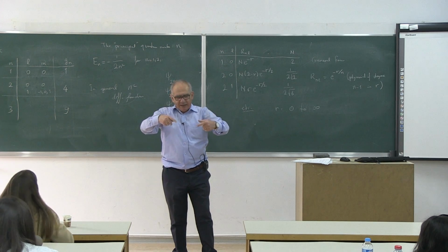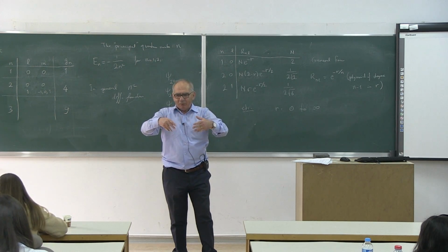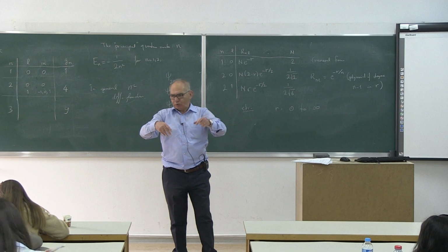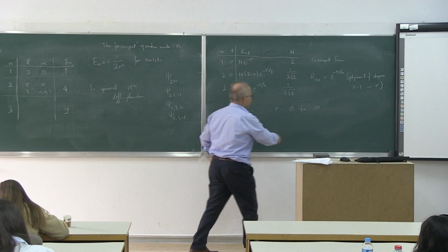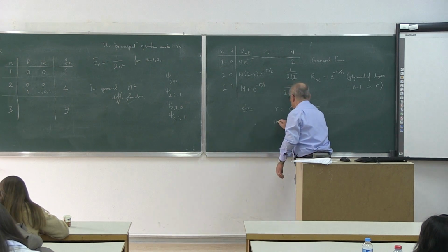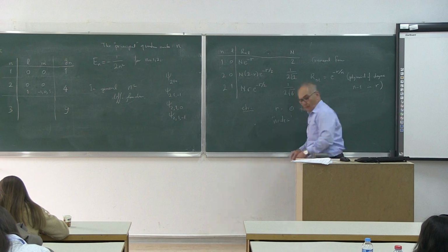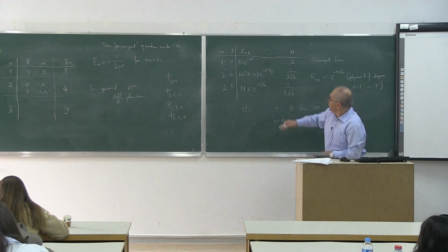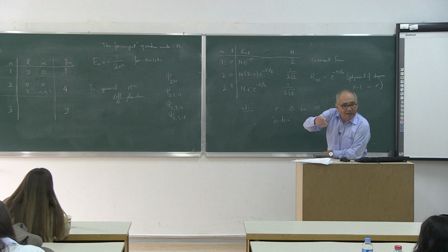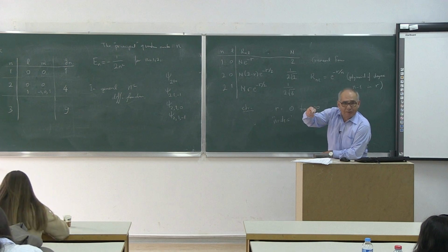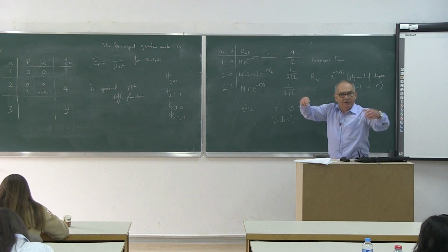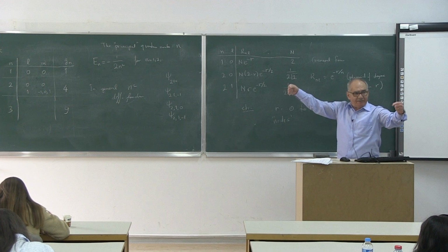All right? We give it a name. We say number of nodes of the function. Number of nodes of a function is the number of zeros between 0 and infinity.